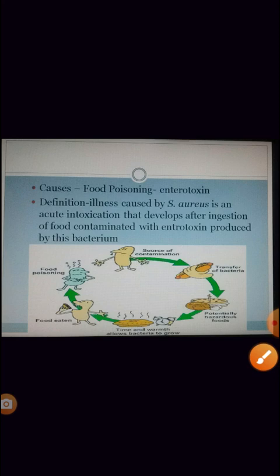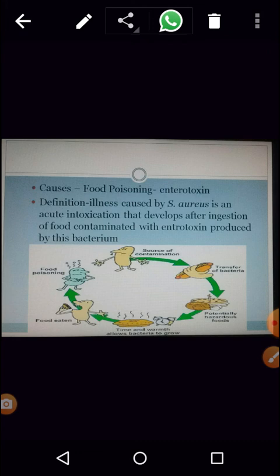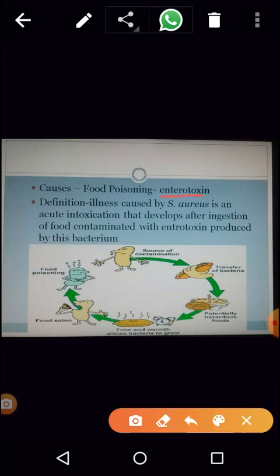Now, they can cause food poisoning. What do they cause generally? They cause food poisoning because of the presence of enterotoxin, which means because of the presence of the toxin. Remember, in the beginning we spoke about infection and intoxication. So these cause intoxication.